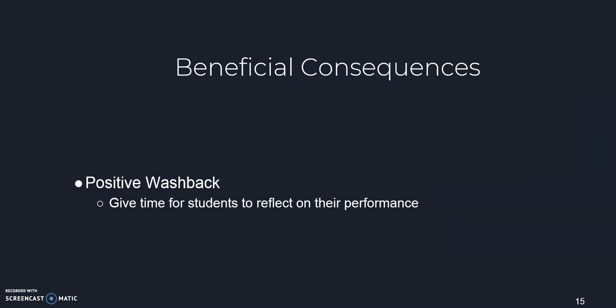And another way to build positive washback into your assessment practice is to give time for the students to reflect on their performance. So when we assess our students and give them the results of the rubric, maybe it's important to explain how to read the results. What does that mean? And what does that mean for the students?